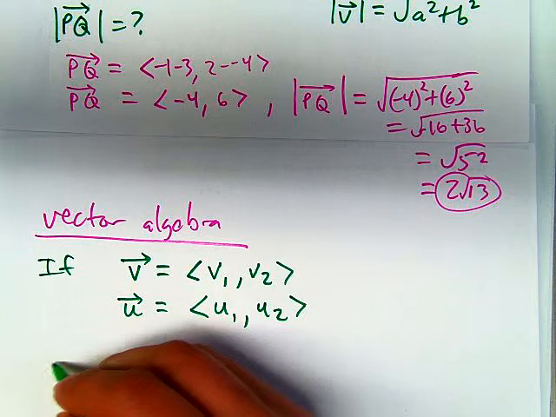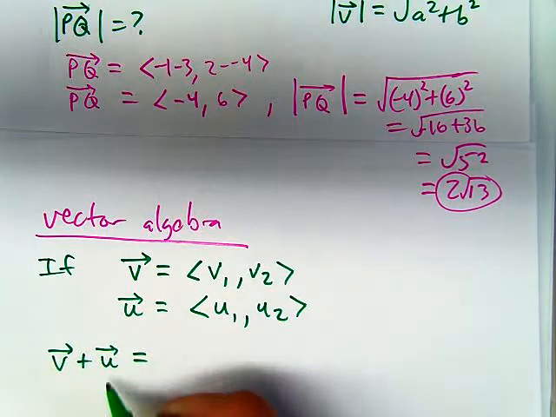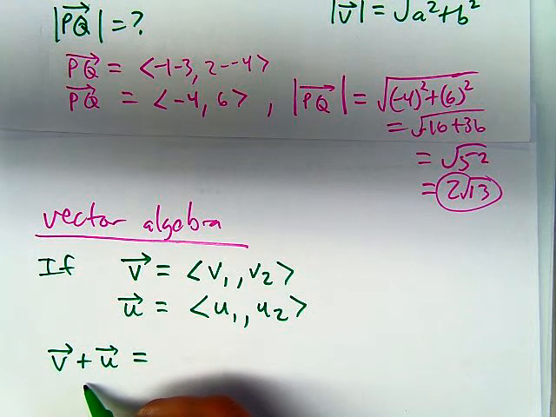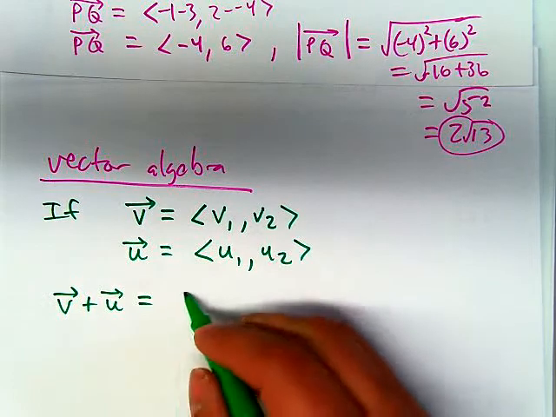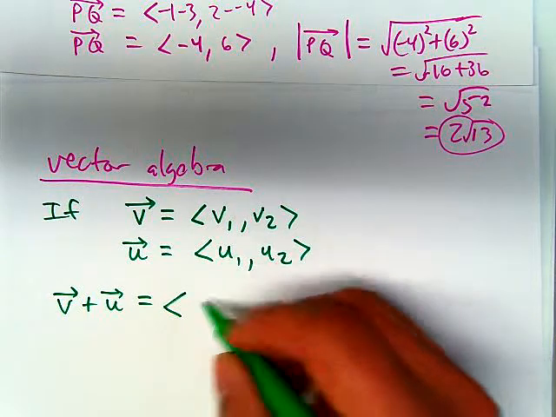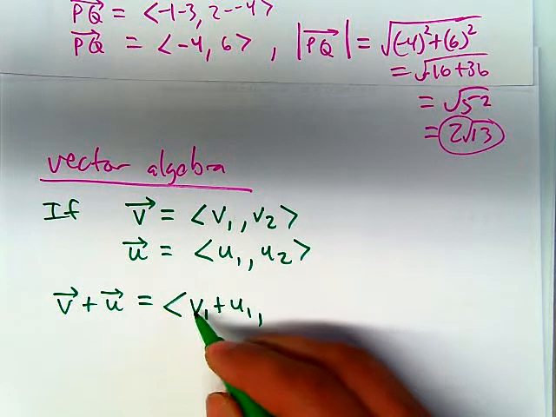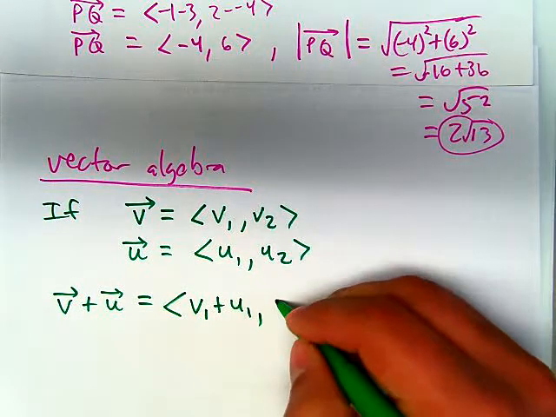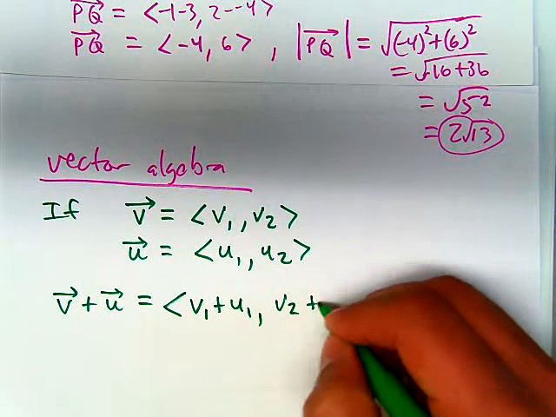Now, the definition: if I wanted to add vector v with vector u, we talked about how to do that geometrically yesterday, and then how we can find the length, and we draw it on the coordinate plane. The other way to do it would be to say that if I have the horizontal components for each of them, you simply add the two horizontal components together to get a new horizontal component, and then you do the same thing with the vertical components.